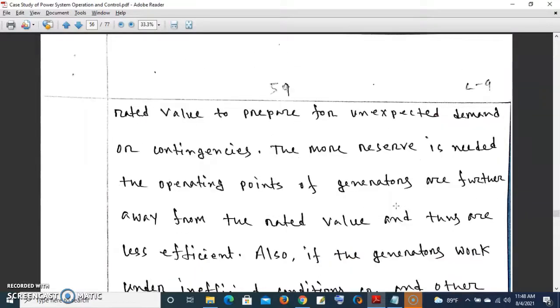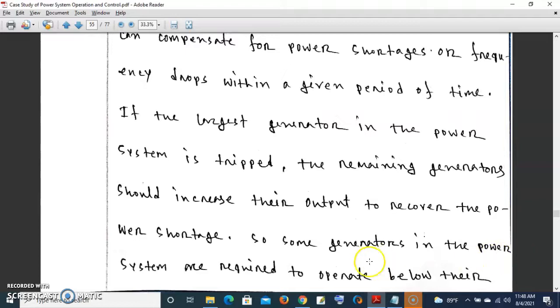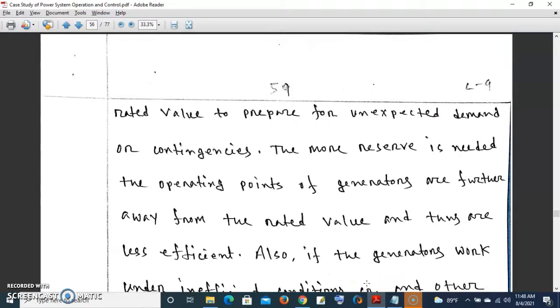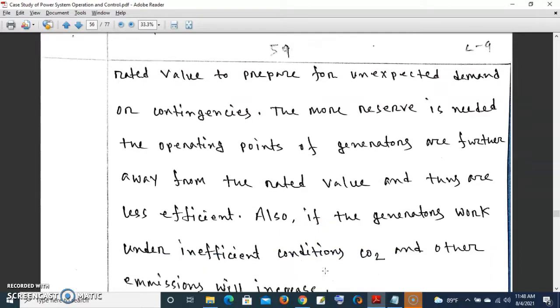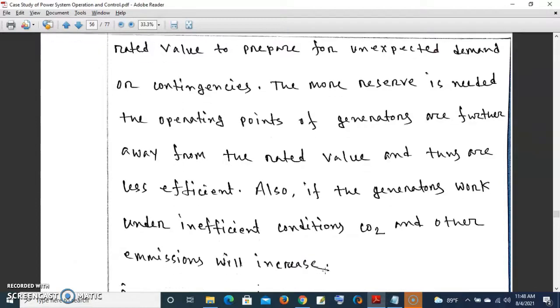So some generators in the power system are required to operate below their rated value to prepare for unexpected demand or contingencies. The more reserve is needed, the further the operating points of generators are from the rated value and thus they are less efficient. Also, if the generator works under inefficient conditions, carbon dioxide and other emissions will increase.